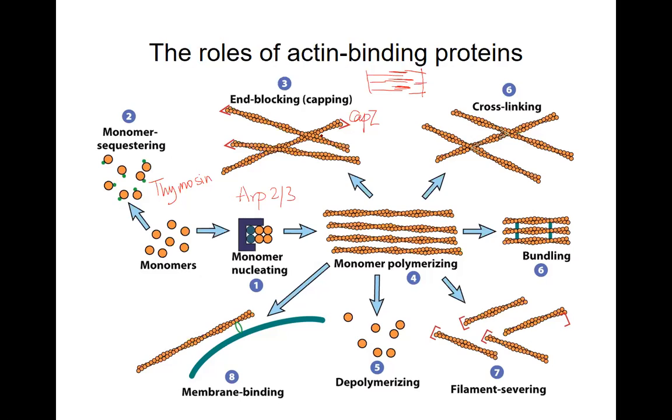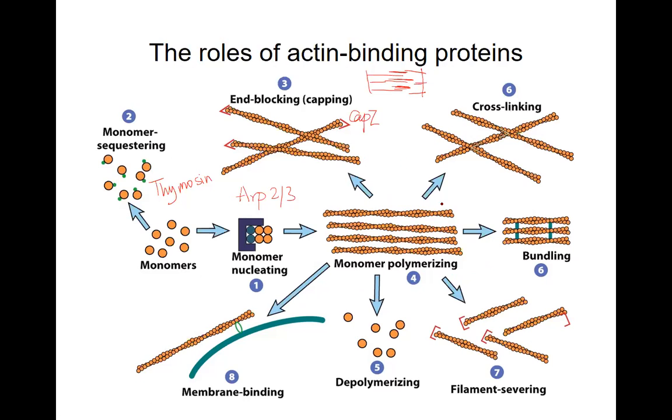Monomer polymerizing protein. So we have the monomer polymerizing proteins, which means that these monomers tend to have the ADP replaced with ATP. Okay, so if you have the ADP on the monomer replaced with ATP, then this monomer can now enter into the pool of actin monomers that can be added to the polymer again.